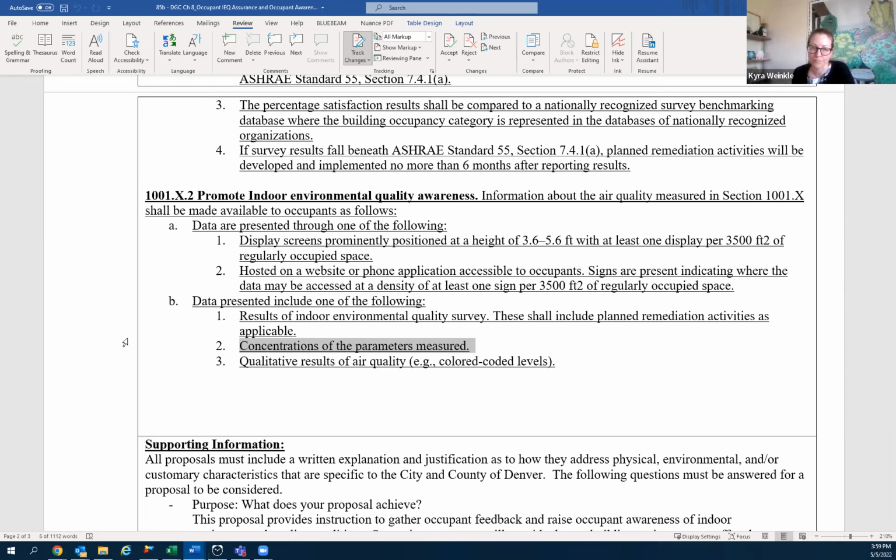So do you think it would work to then maybe just reference back to that code section in B2, the concentration of parameters measured in section? Now I have to go back and see what that section number would be. Yeah, that 803, well, whatever it was. Yeah, I think it would be 1001.4, I think is what the previous, the monitoring section for 85A.